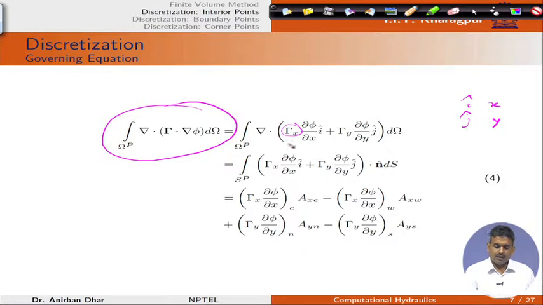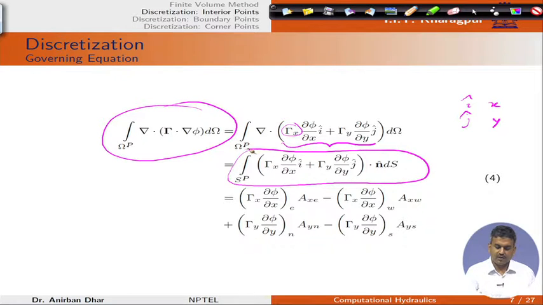So, inside one is a vector, this is written in terms of dot product. Now, with a surface integral we can reduce it, and this n is outward normal. We can further simplify it and write it in terms of face values.